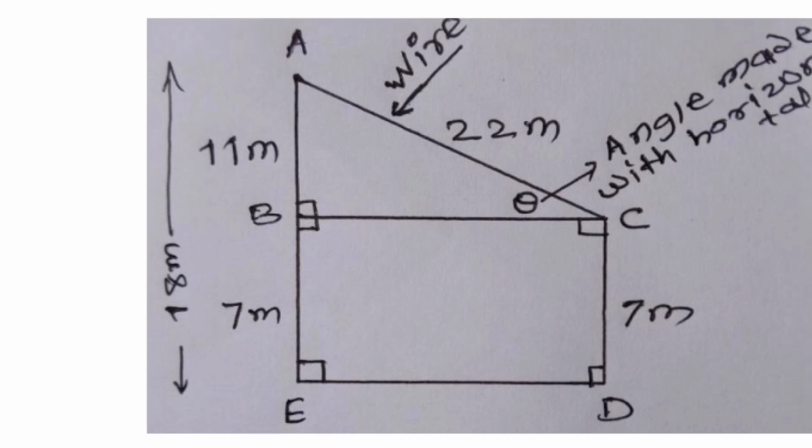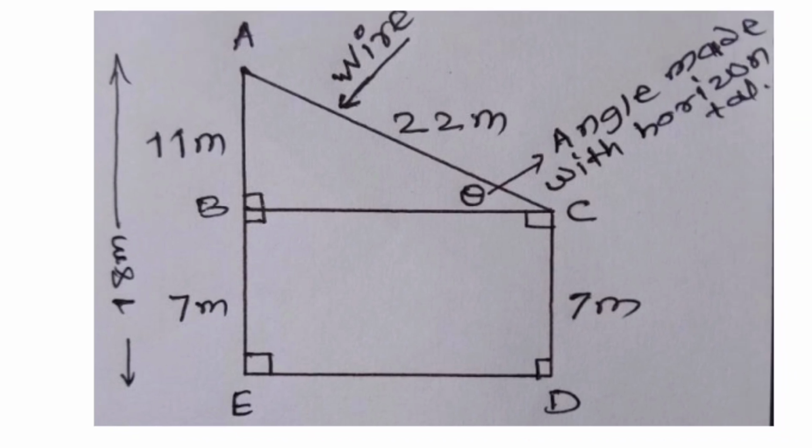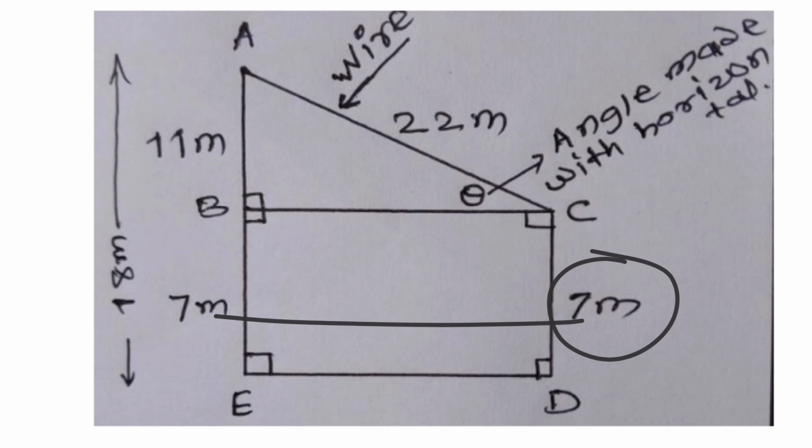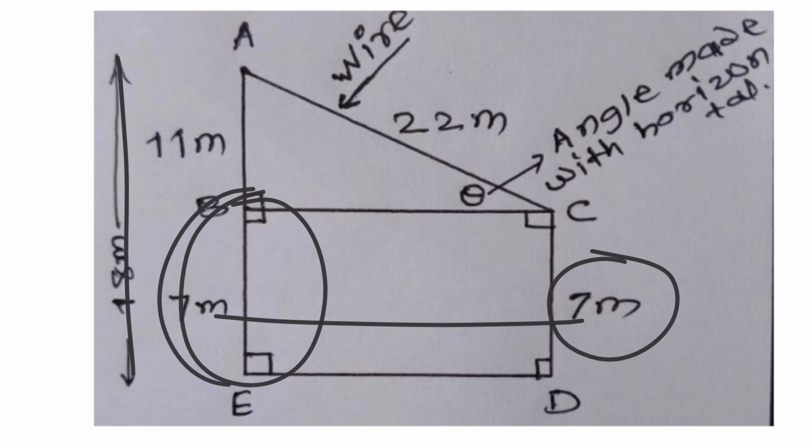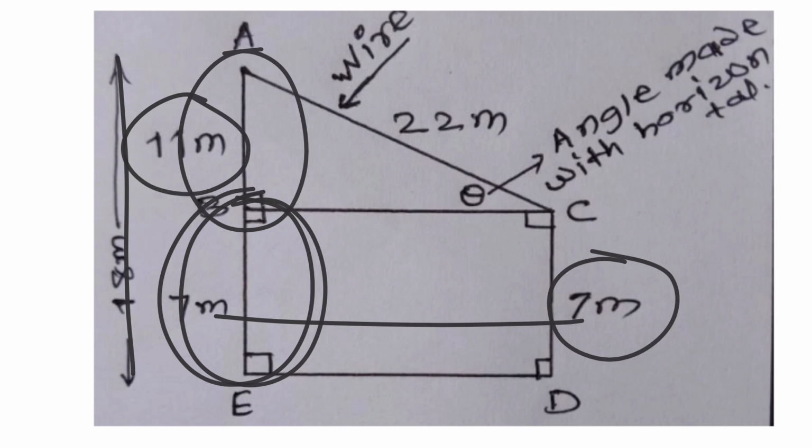Therefore opposite sides are congruent. Okay. Therefore CD is 7 meter. Therefore BE is also 7 meter. Out of this 18 meter, this BE is 7 meter. Therefore AB is equal to the remaining, that is 18 minus 7. 18 minus 7 means 11.